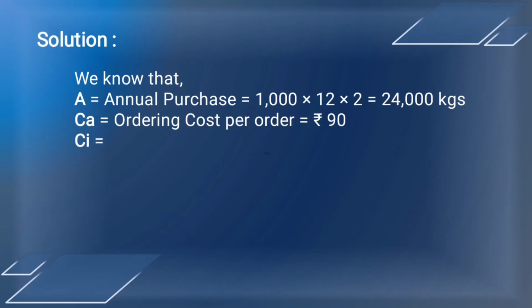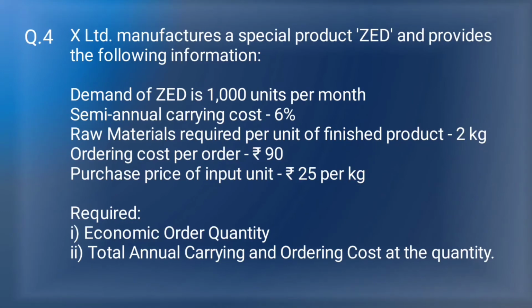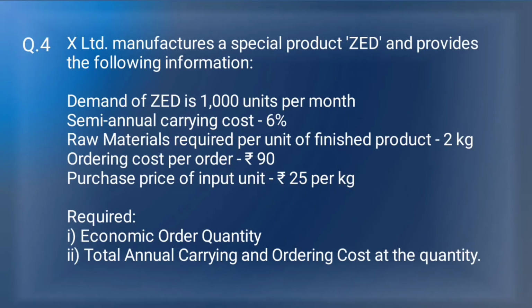CI, which is equal to carrying cost per unit per annum, which will be equal to semi-annual carrying cost is 6% and purchase price of input unit is Rs 25 per kg. So the semi-annual carrying cost, which is 6%, will be charged on purchase price of input unit, which is Rs 25 per kg.